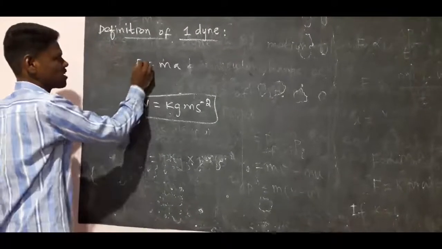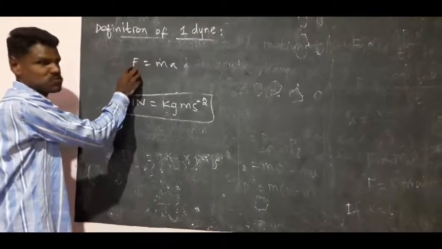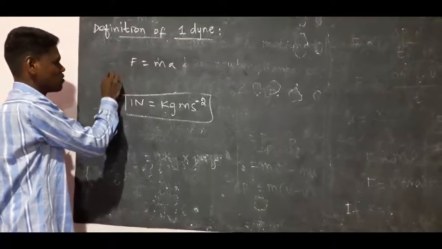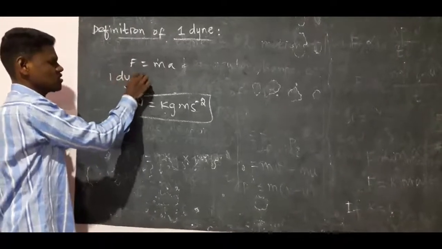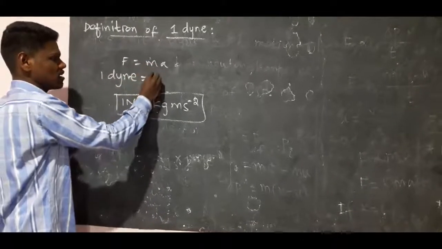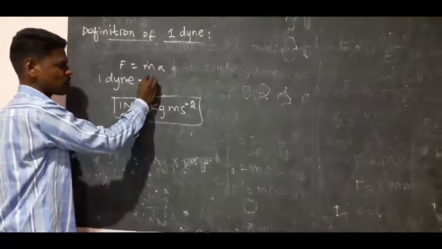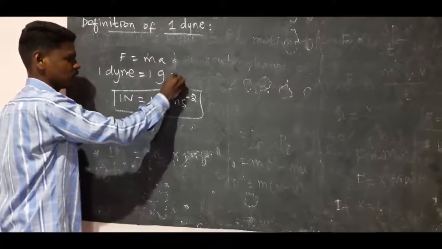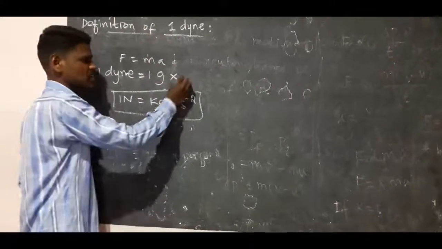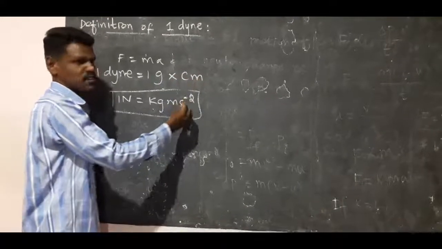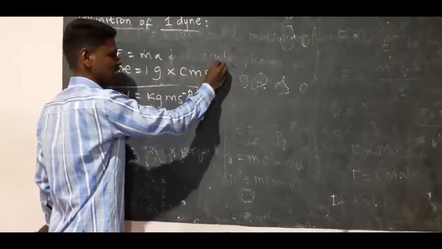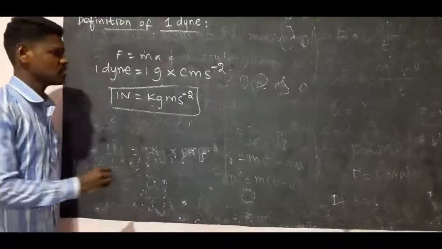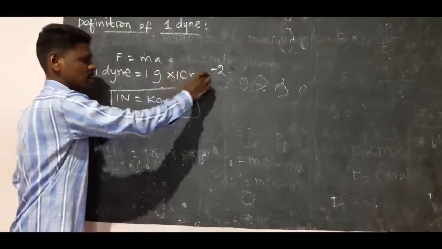What is the CGS unit of force? 1 dyne. So 1 dyne is equal to, where there was kilogram, here it becomes gram. So 1 gram into, where there was meter, here it is centimeter. So centimeter second minus 2, that is acceleration. So 1 centimeter second minus 2.